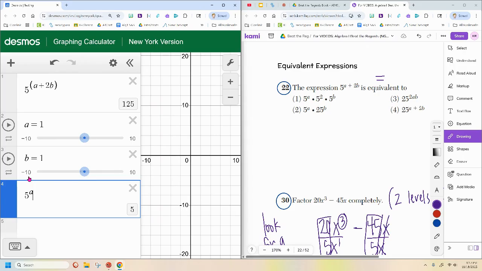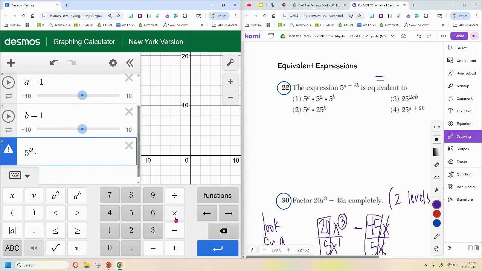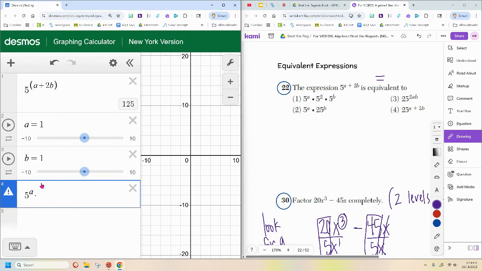Times is shift 8, or you can use the multiplication key right here. And then we have 5 squared, and make sure you get out of that. Then times 5 raised to the B.